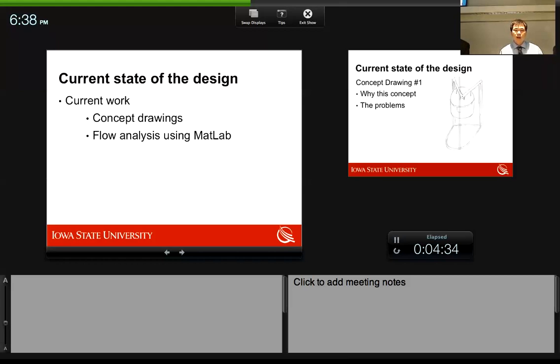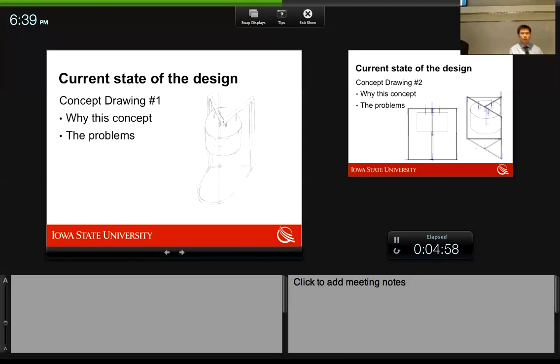And after that, for the flow analysis, we're using the formulas from the previous tornado simulator design from Professor Saka. We'll use that to define the final data for the can design. So that's the first design.